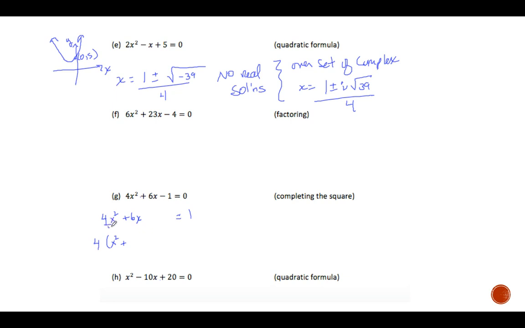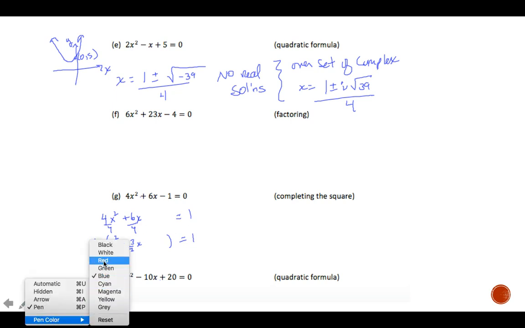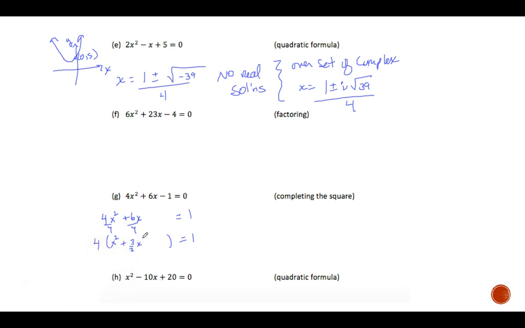Remember, you're dividing this by 4 and you're dividing this by 4 and then pulling that 4 out front. So 6/4, right, is actually 3/2. Now, every other time I've completed the square, I've taken the linear term and divided it by 2. This is the linear coefficient, I should say.